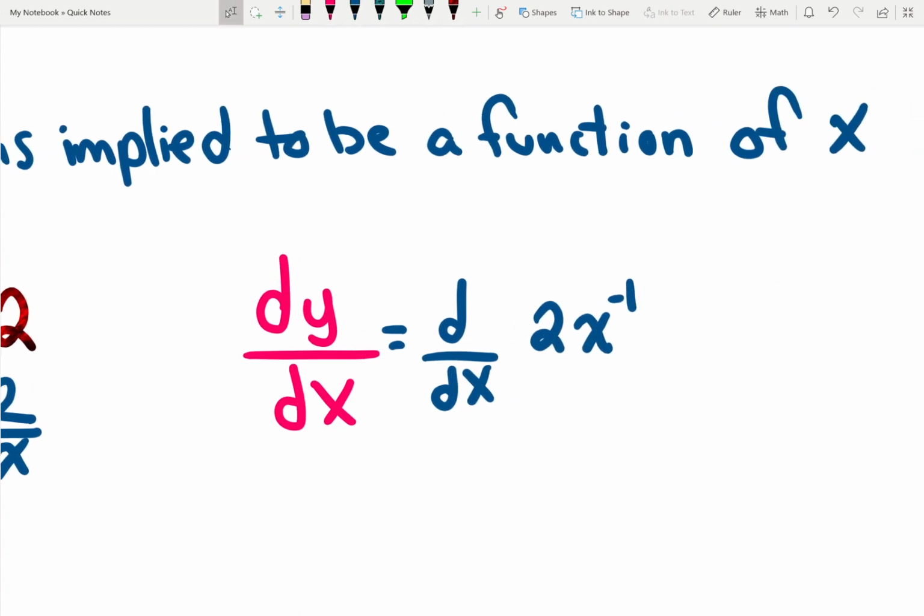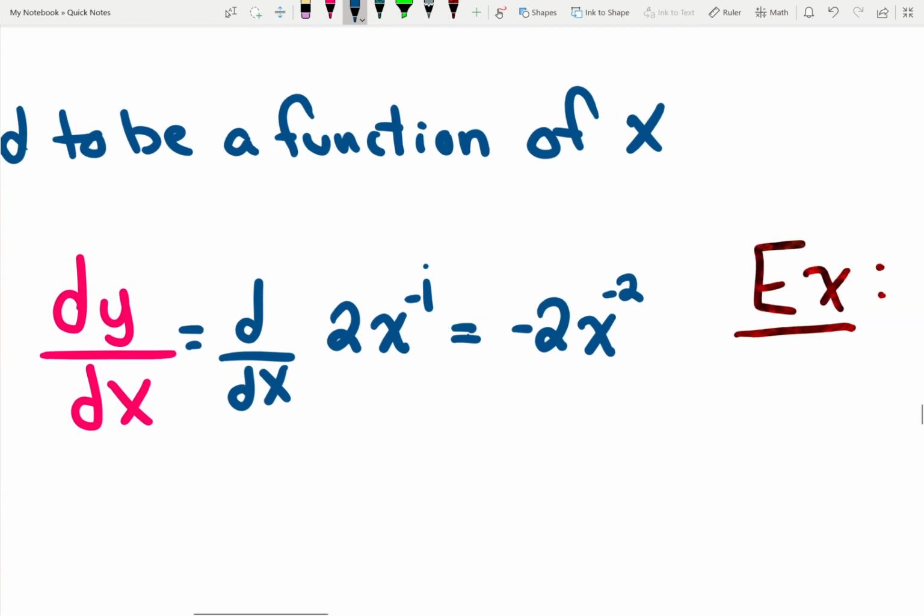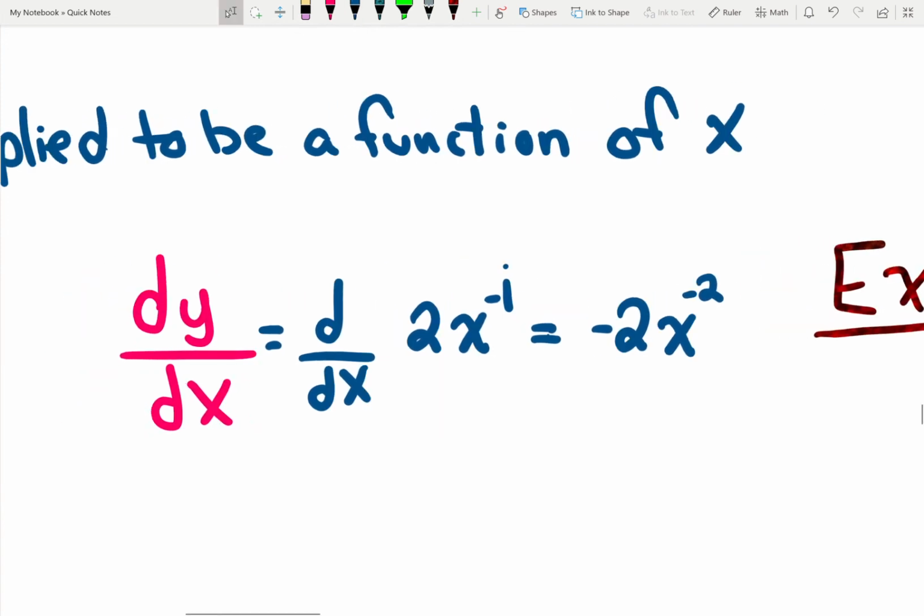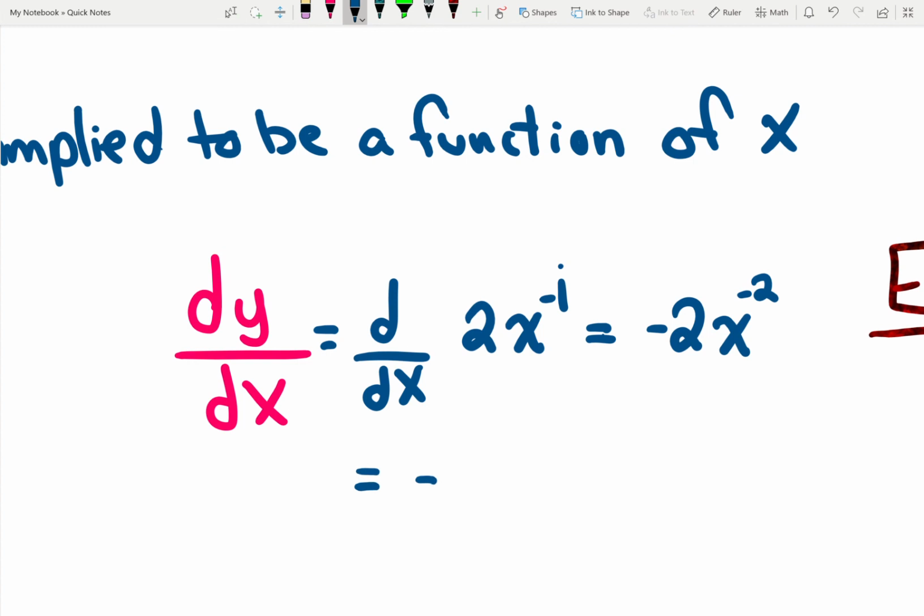So I drop the exponent, so that's a minus 2x, and I take 1 away from minus 1, so I get a minus 2 on top. So that means the derivative of this guy is equal to negative 2 over x squared. And hopefully this is a review for all you guys. Shouldn't be too bad.